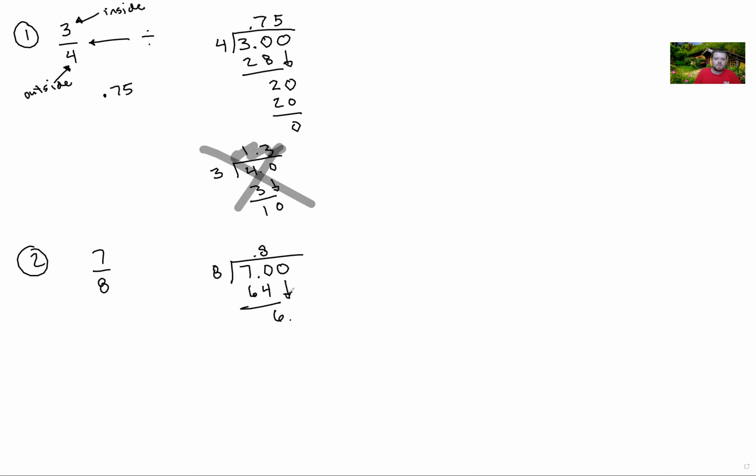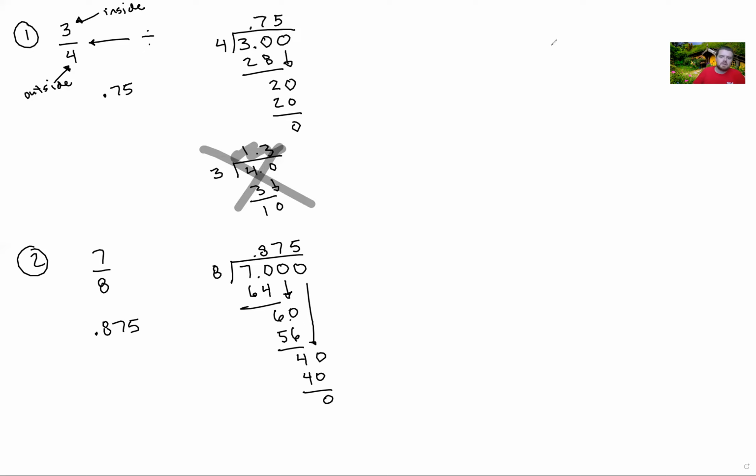So I'll fill in a 0, bring it down. 8 goes into 60. And you can count on your fingers if you need to. That's 7 times. 8 times 7 is 56, which still gives me a remainder. So add another 0. 8 goes into 40 5 times. 8 times 5 is 40. Now I have a remainder of 0. So my answer is 0.875.